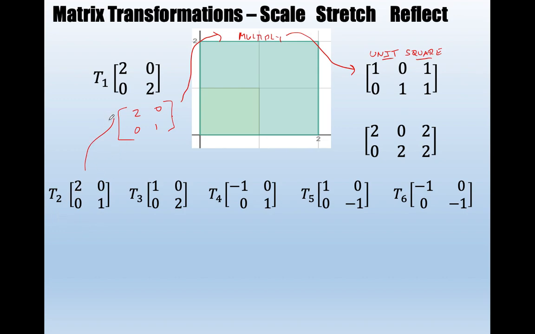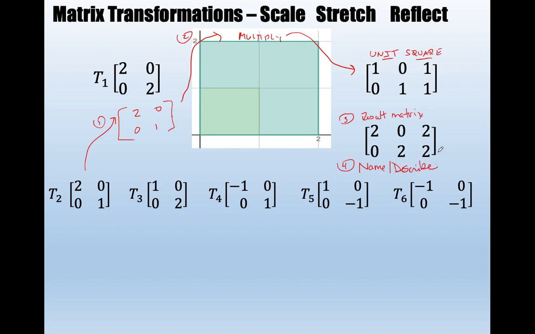Right, so step 1, what is the transformation matrix? Step 2, multiply by the unit square. Step 3, give me the resulting matrix. And step 4, name it or describe what that transformation was.